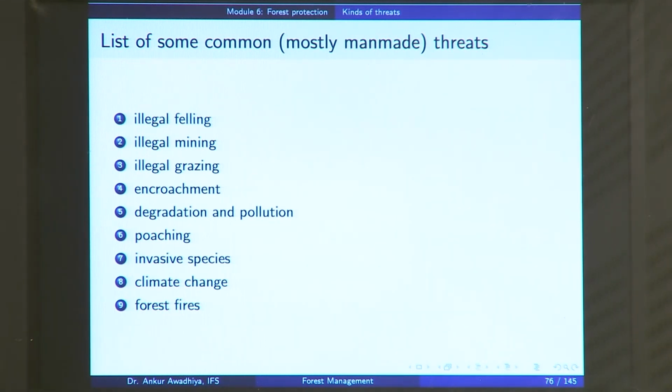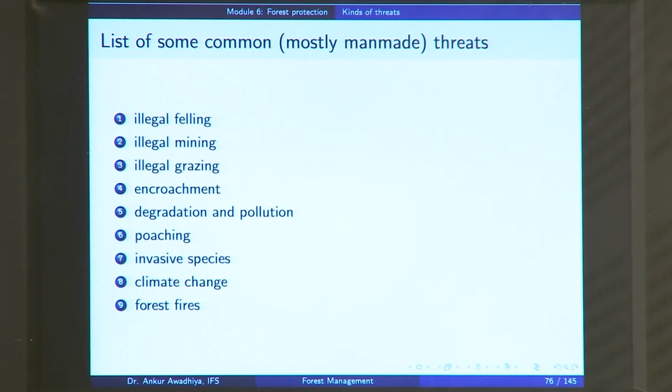Then you have the problem of encroachment. Now, in encroachment, people enter into a forest area, cut the trees, typically they also burn these trees, and so the forest has now been cleared, and once it has been cleared, the land will be put to agricultural use or for the construction of some buildings.